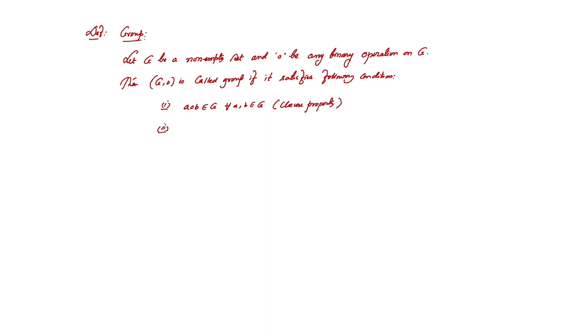The second important property is associativity: (A not B) not C equals A not (B not C) for all A, B, C belongs to G. So this is called the associative property.